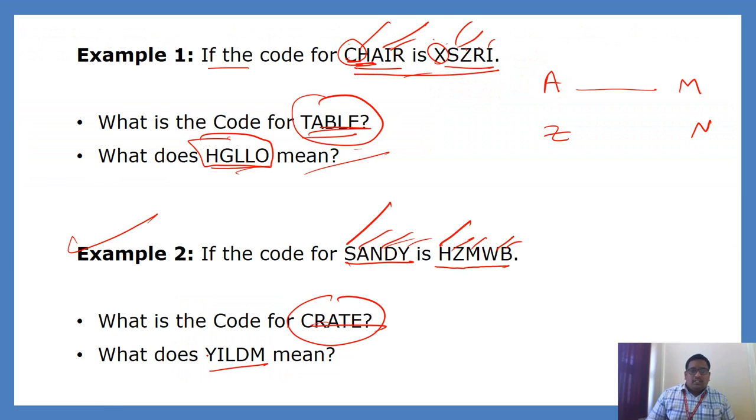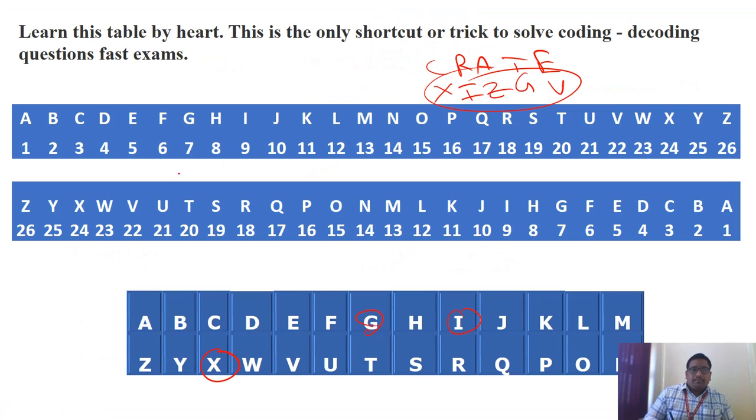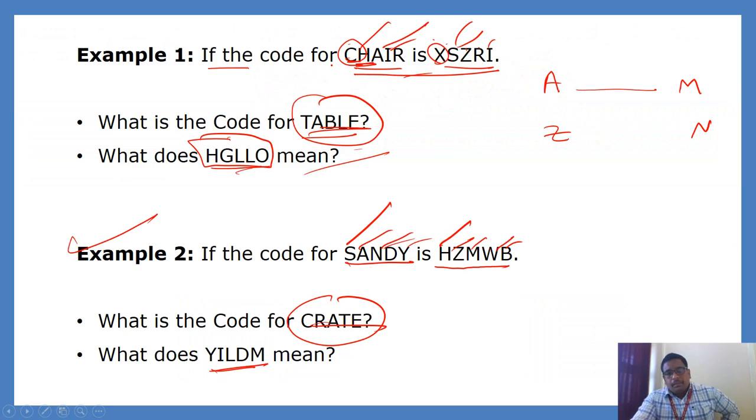Okay, and there is one more question, YILDM. So that means B, I is R, L is O, D means W, M is N. So it's BROWN. Clear?